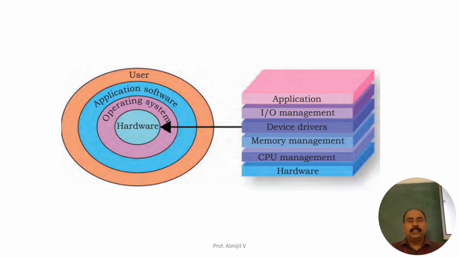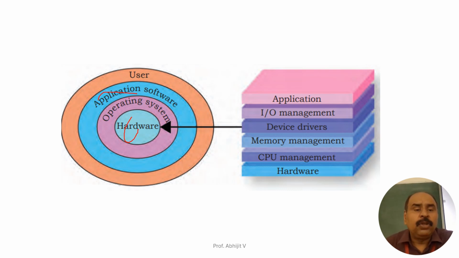So let us consider this. Now I'll just show you this. We have a hardware system, we have the operating system, and above that layer we have applications, with the user directly accessing the application software.